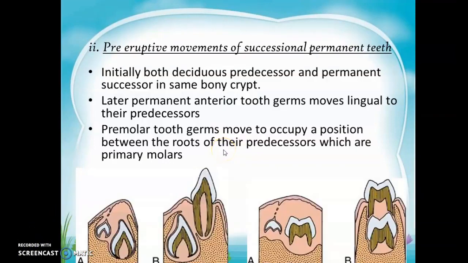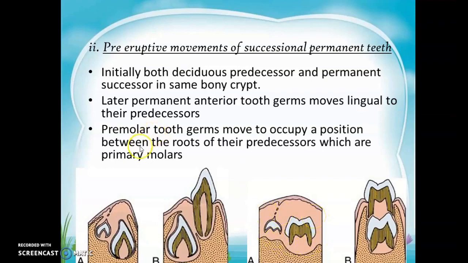Coming to the pre-eruptive movements made by the successional permanent teeth, initially, as you can see in this image, both primary and permanent tooth germs are present within the same bony crypt. Here it is a primary anterior tooth germ and its permanent successor in the same bony crypt, and in this image it is the primary molar and its successor, that is the premolar, in the same bony crypt.